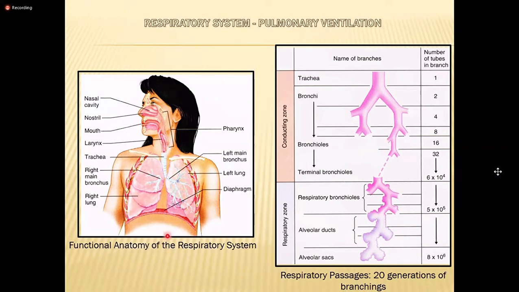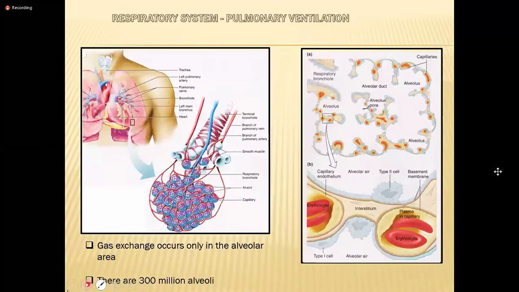This is your respiratory system from the nose to the alveolar area. Gas exchange occurs only in the alveolar area, and there are 300 million alveoli here.